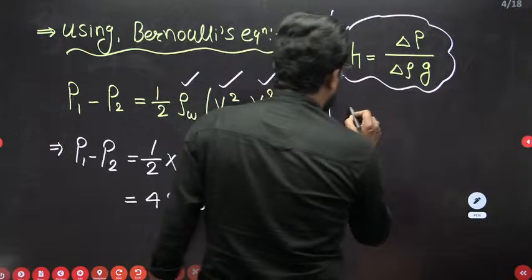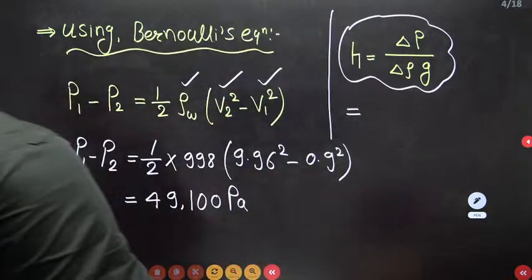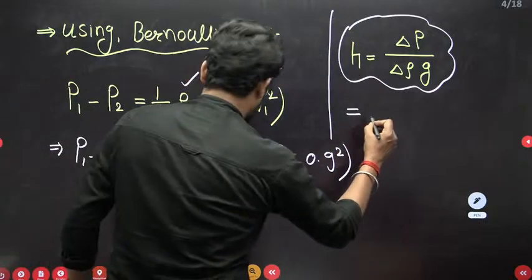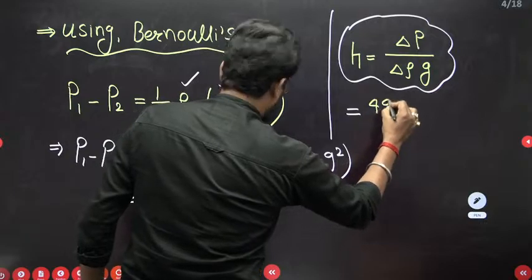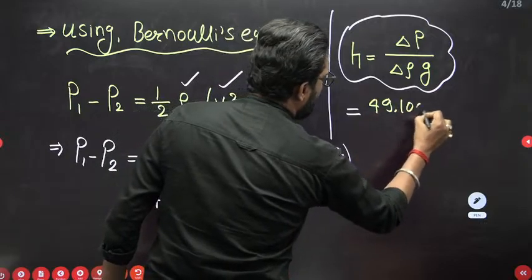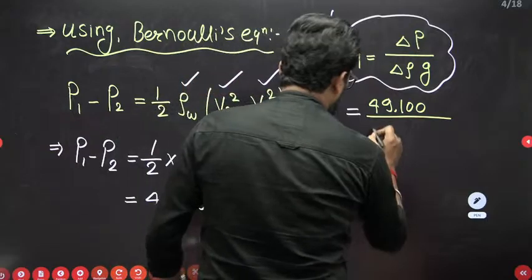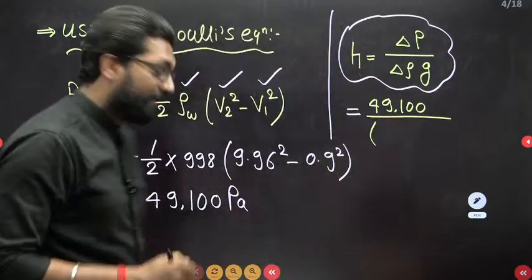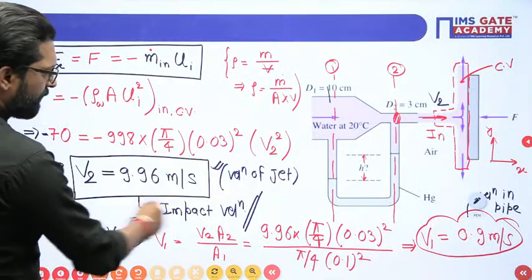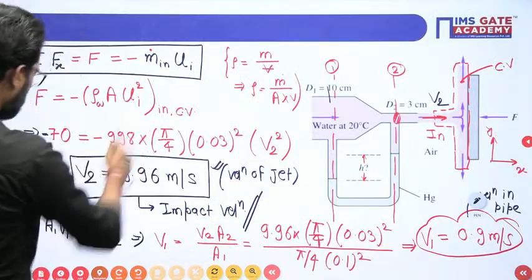Now what is delta P? This is your delta P, 49100, divided by delta rho. Delta rho, it is what? Density of what? Whose density is higher? So density is higher for mercury.